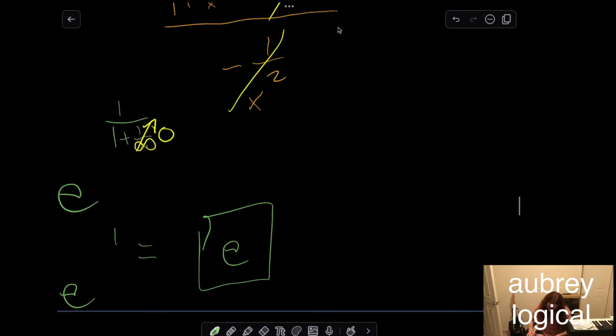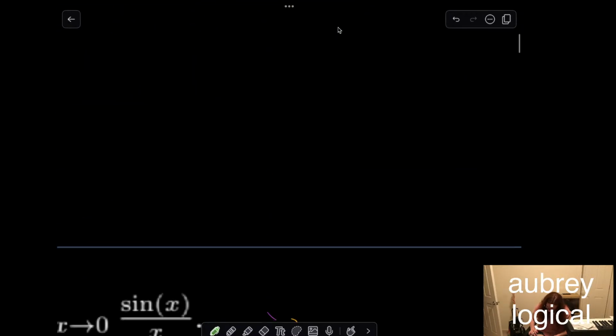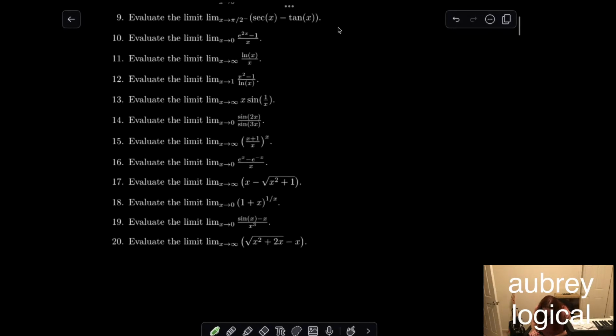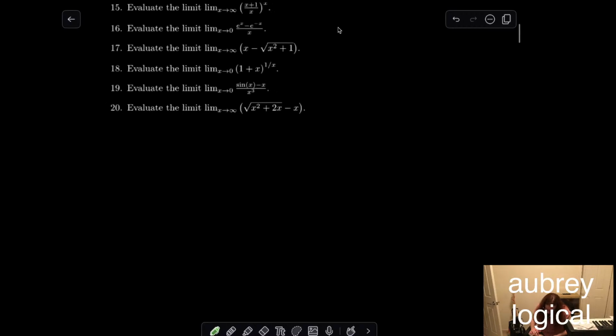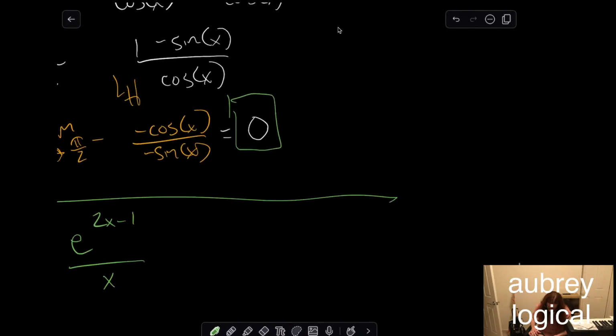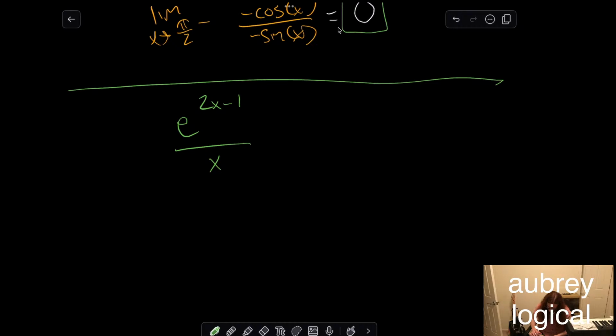Is that right? E to the 2x minus 1 over x. Oh, I see, I see. I was close. But I'm glad I checked because that would have messed up the whole problem.